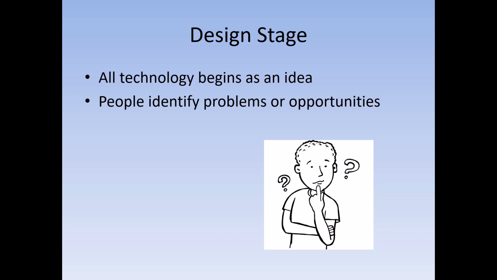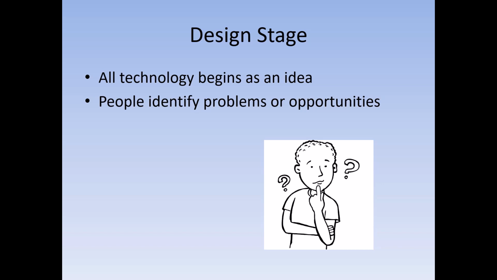We created planes to get places even faster than by vehicles. We created clothes so that we could be warm, right? We created shoes so that our feet wouldn't be stepping on rocks as we walk around. We created chairs so that we could sit and relax. We created air conditioning so we could be cool. We created houses, right? All of these things started as, let me think about a problem, or I'm thinking of something, okay?